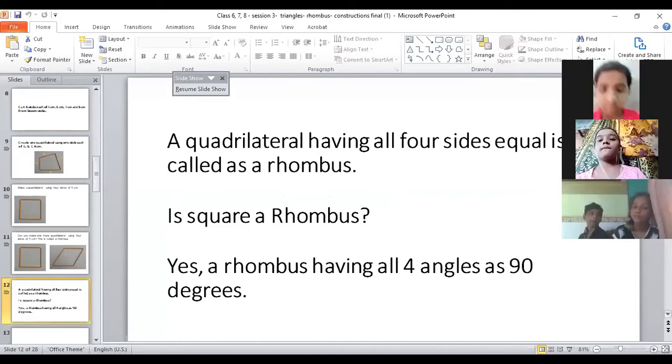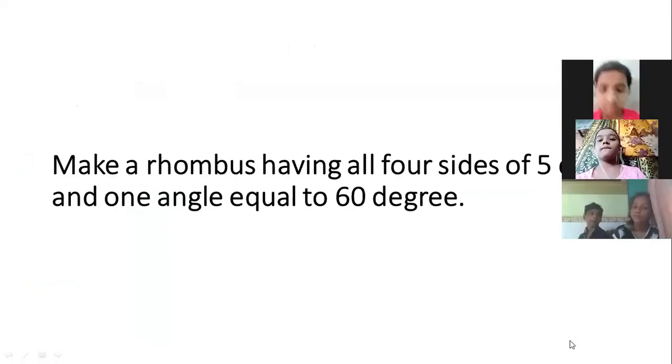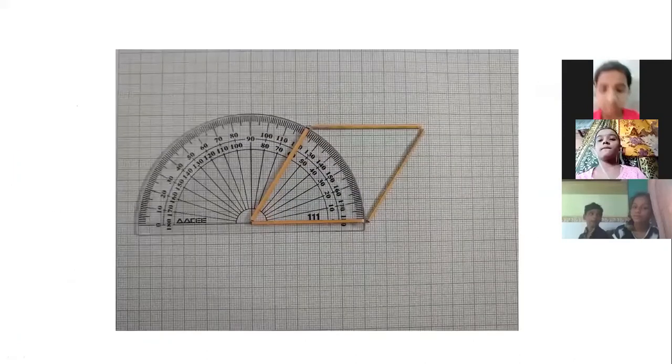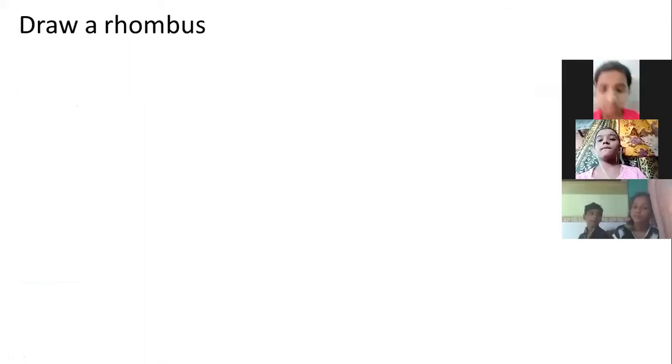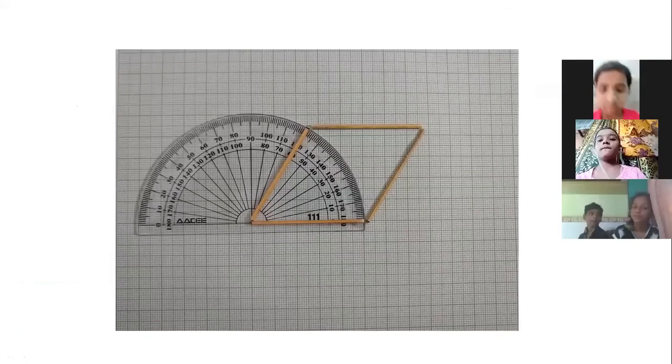Next. Next. Next. Okay, just hold that. That is what Arnab has done. Arnab used a protractor and made a rhombus with an angle of 60 degrees.